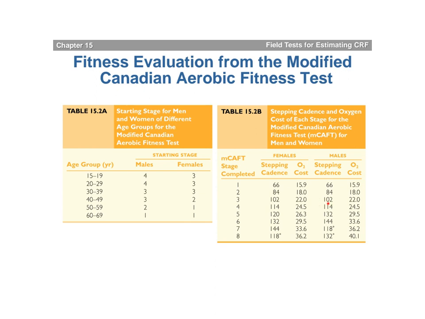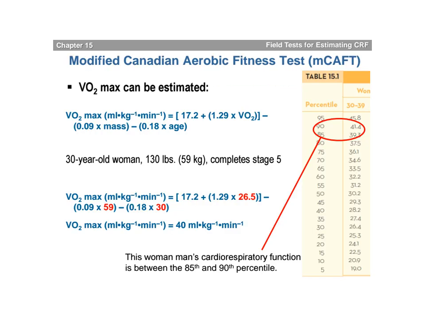It's 102, so that's a certain pace. And let's say they start at stage 3 and they're able to go all the way to stage 5, which is a cadence of 132. Then they would have an O2 cost of 29.5. And so that's the VO2 value that would be plugged into the equation.